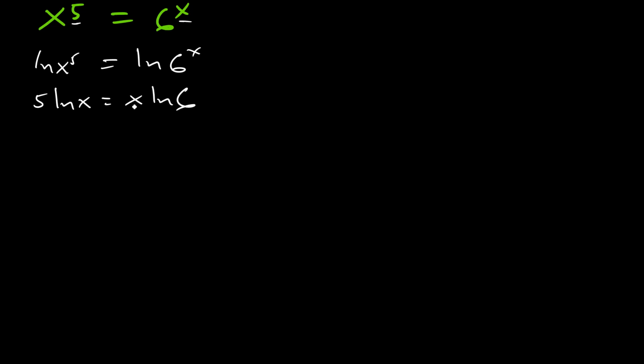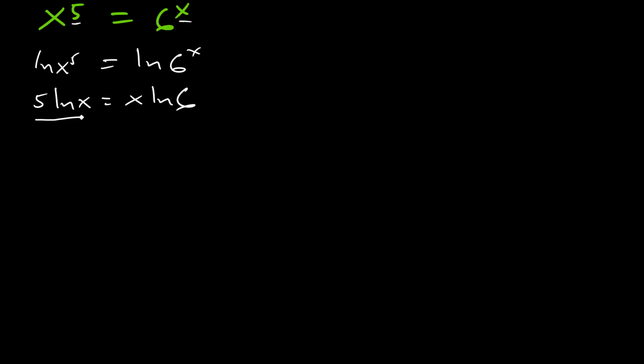Now let's join this one to this. Let's group the ln of x and x on one side, because we want to apply the Lambert W function. So let's group the ln of x and x on one side, then the ln of 6 and this number here, that variable, on another side.